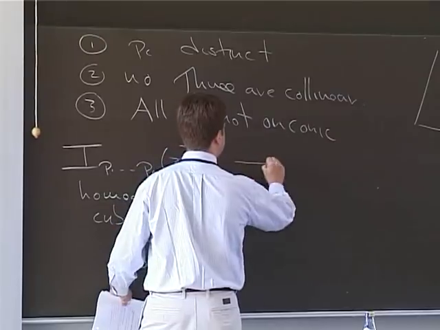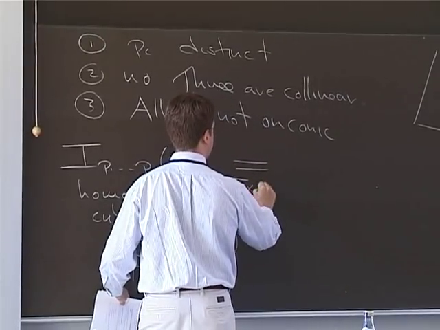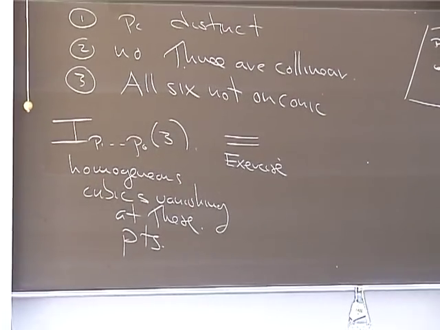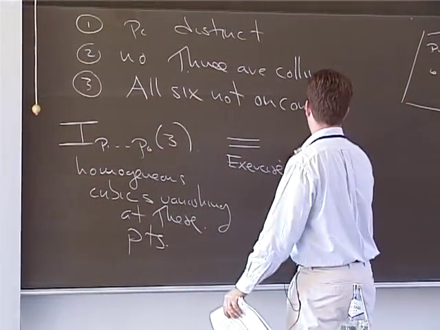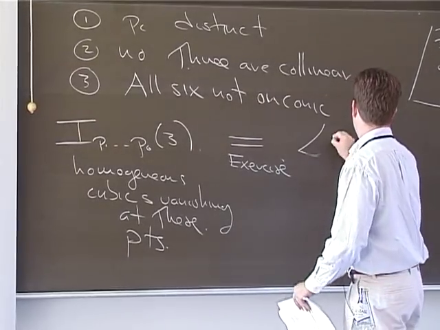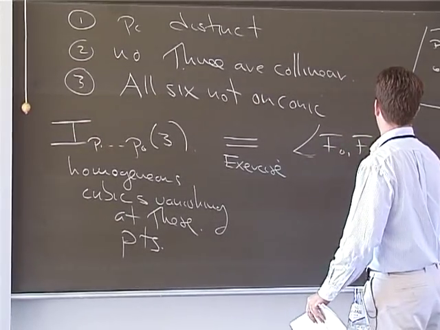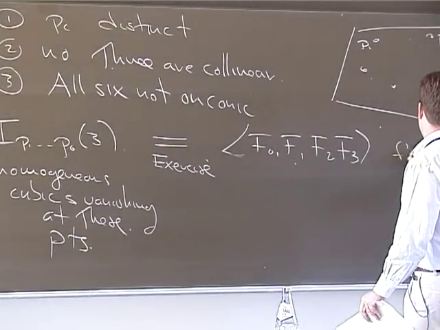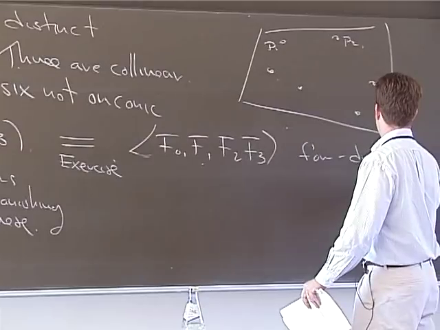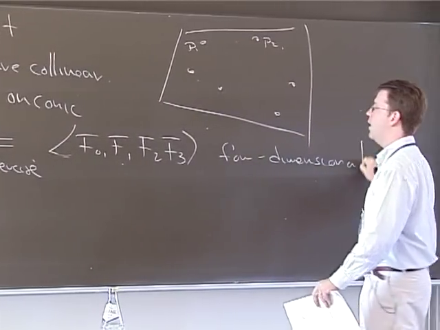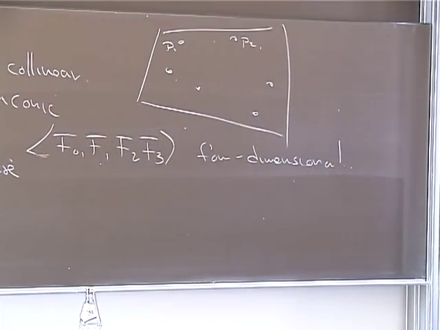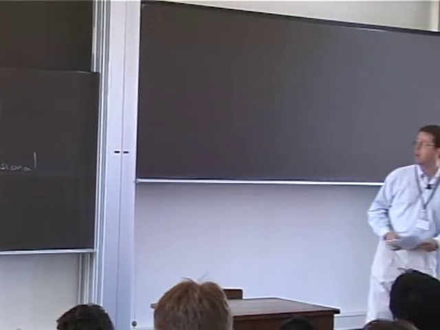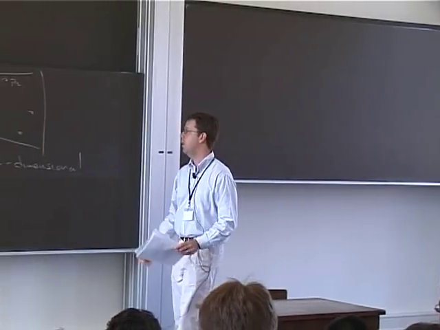And an exercise for you, if you choose to accept it, is that this is a four-dimensional space. Another way of saying this is that the 6 points impose independent conditions on the 10-dimensional space of all cubic forms in 3 variables.